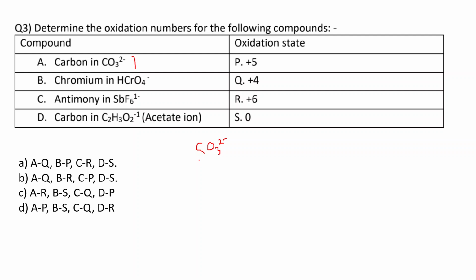Let's assume for carbon the oxidation state is X. For oxygen it is -2, and it is 3 times here, and the total oxidation state of the compound is -2. So what will be the value of X? It will be -2 plus 6, which gives us what?